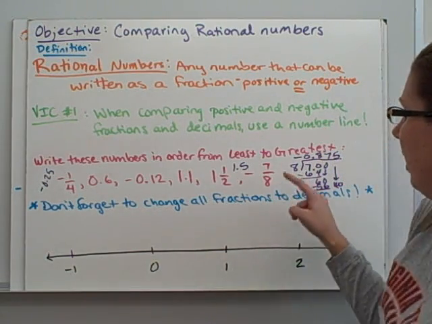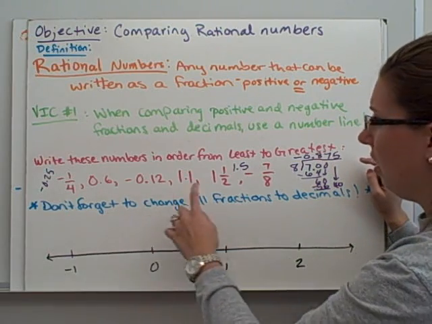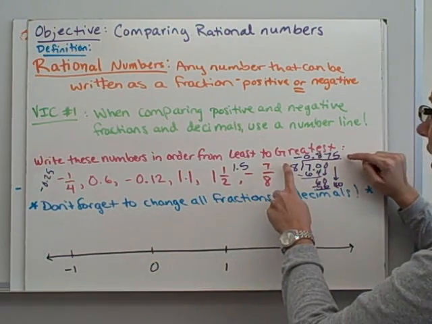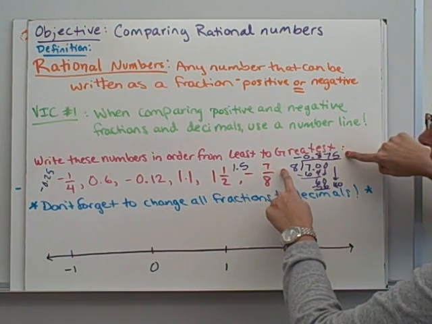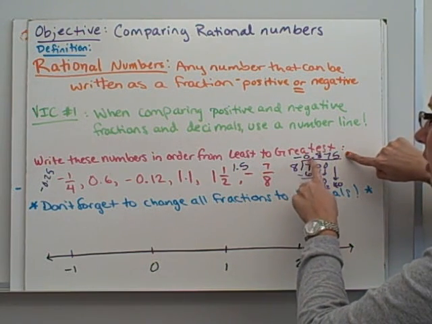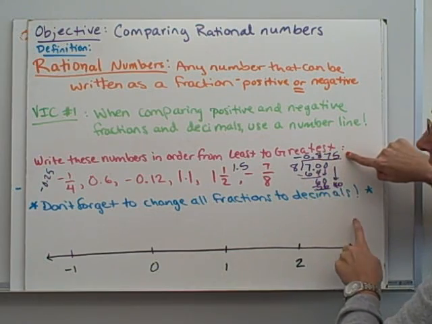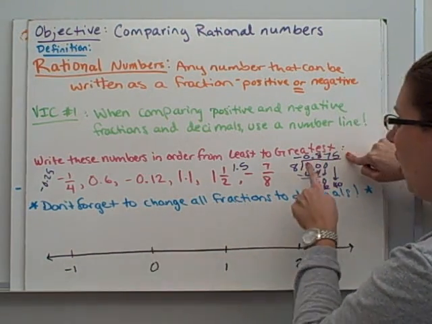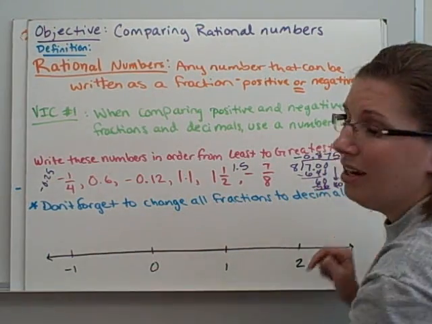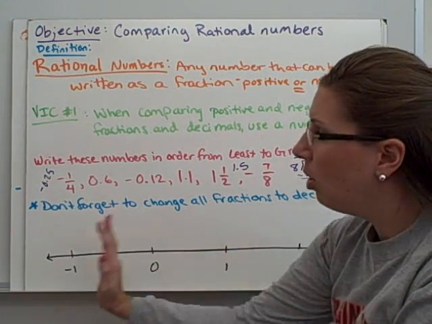So let's put our smallest number on our number line, which is going to be this last one I just did. It's negative 0.875. It's going to be over here in this negative range, and it's almost equivalent to -1. It's almost there.